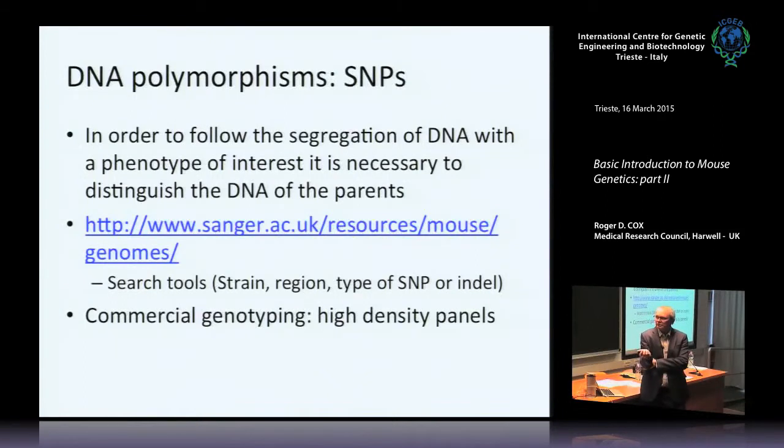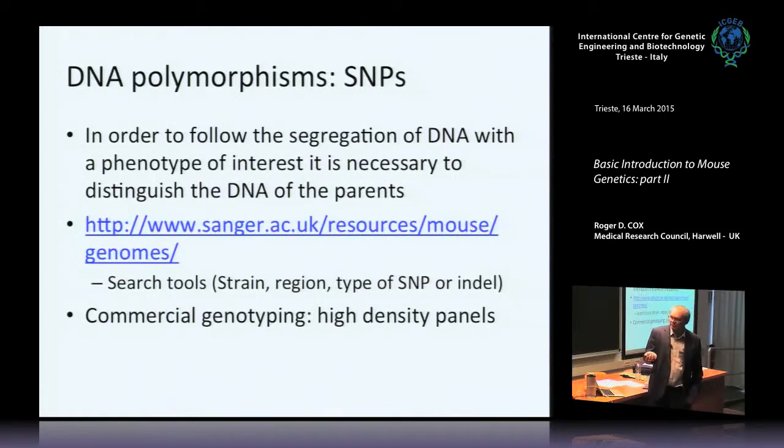And if you want to identify some SNPs to follow, you can look at the Sanger databases and compare strains. They have search tools, so you can search the 2 strains that you're interested in, at least the ones that have been genotyped and sequenced. And you don't have to do this in-house.